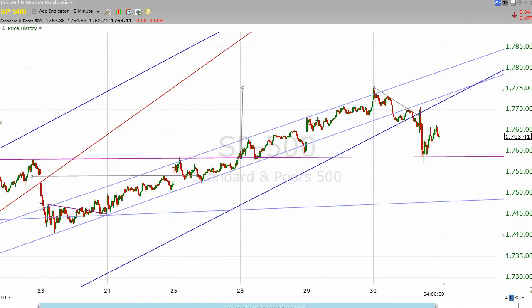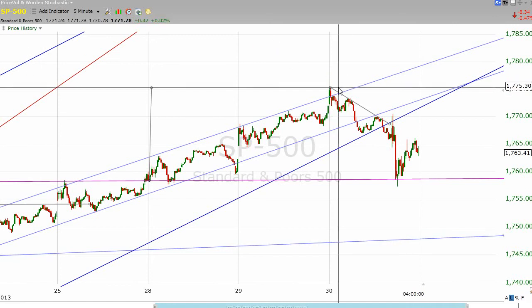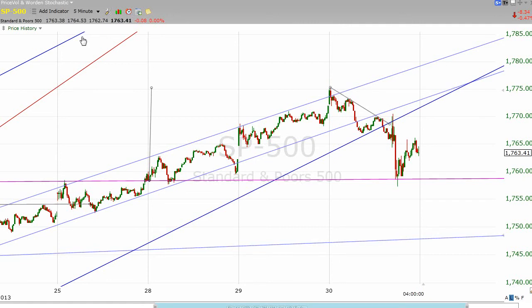And if we look at where the S&P opened, well, actually sort of closed yesterday. Excuse me. This green candle is this morning. If you look at where the S&P opened, we opened almost exactly at that 1775 and very small change, and then immediately started giving back some ground.